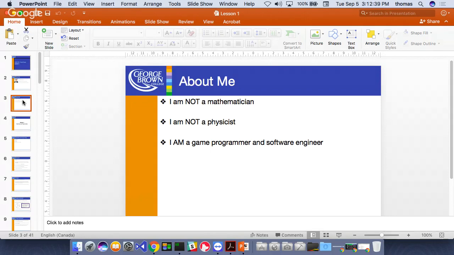I am a game programmer and a software engineer, so that's where we're going to apply the stuff that we learn from the textbooks. And by the way, I'm not going to recommend buying any textbook for this course, just as a get-go. If you do happen to have it or have access to it, I don't think it's going to be a negative. I just don't think it's required.